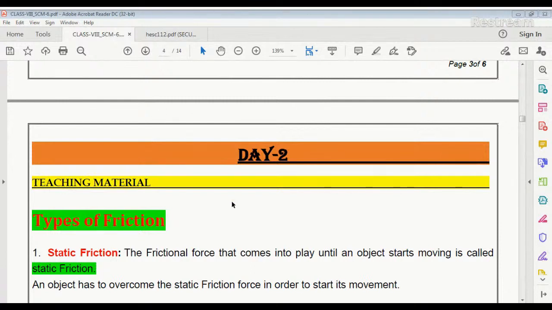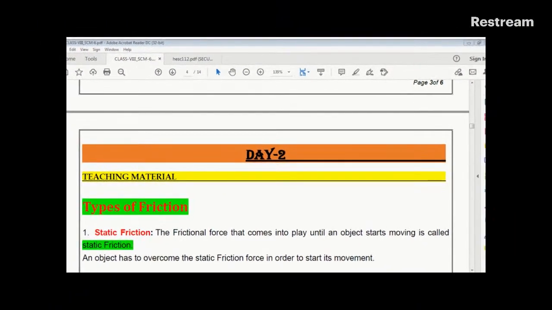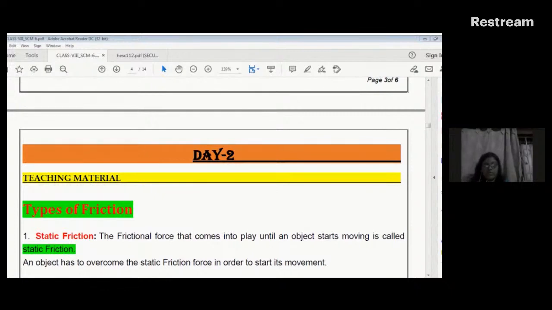An object has to overcome the static friction force in order to start the movement. I hope you are understanding whatever I am saying.